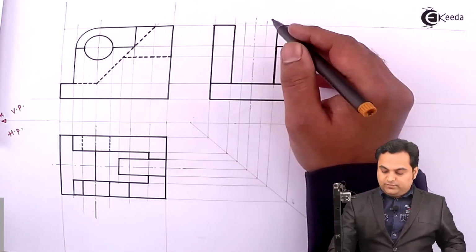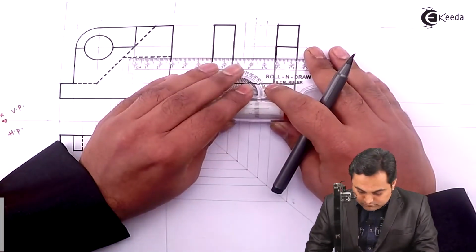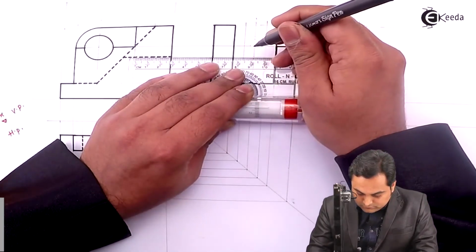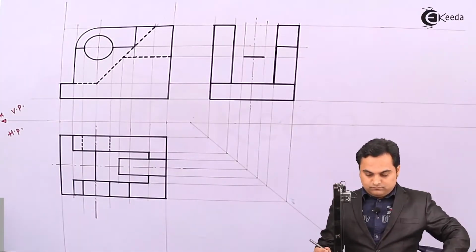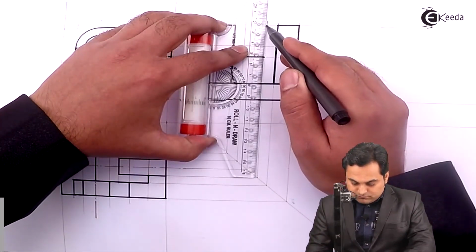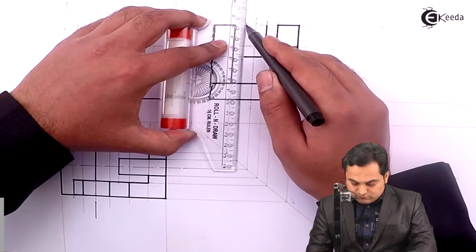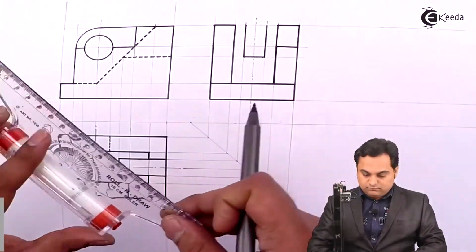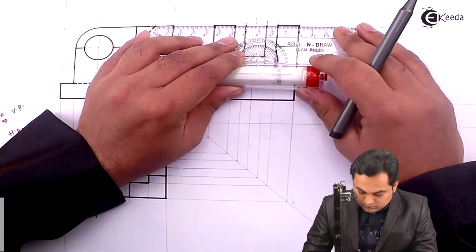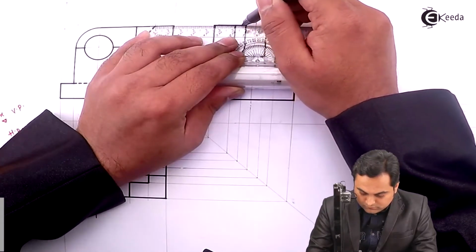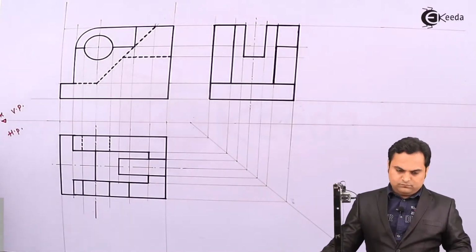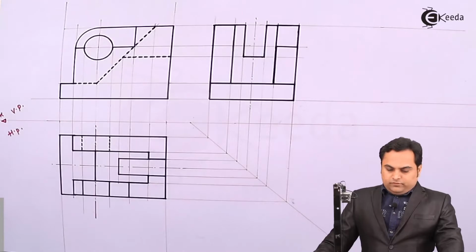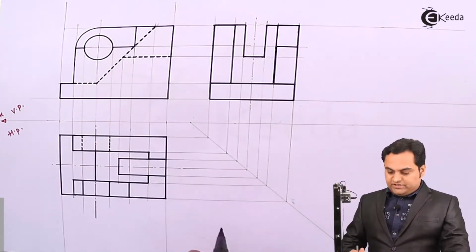So this cut will be visible. So this much is the visible portion in the side view.